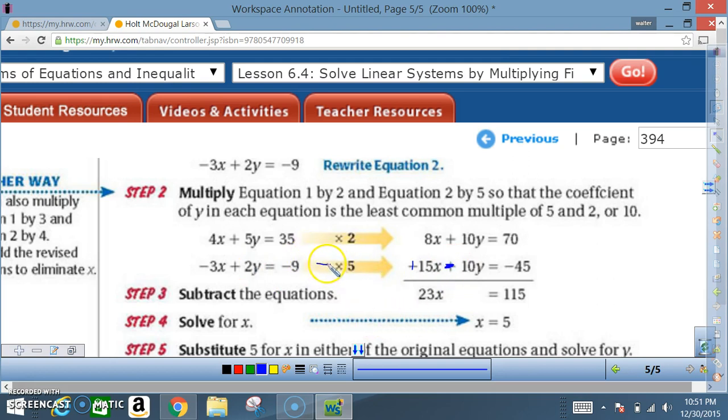And then a negative 5 times a negative 9 will give you a positive 45. Now all you have to do is just add going down. So when you do, you get 8x plus 15x, that's 23x. The y's are going to cancel, and you'll end up with 115. 70 plus 45 is 115. When you solve for x by dividing both sides by 23, you end up with x is equal to 5.